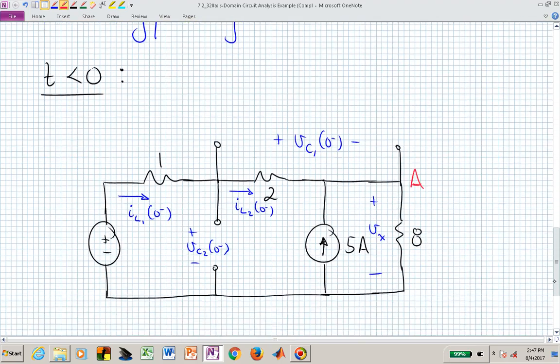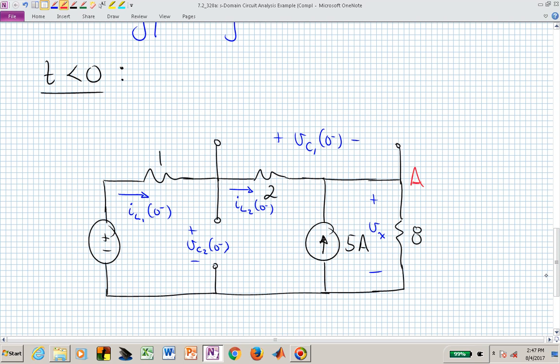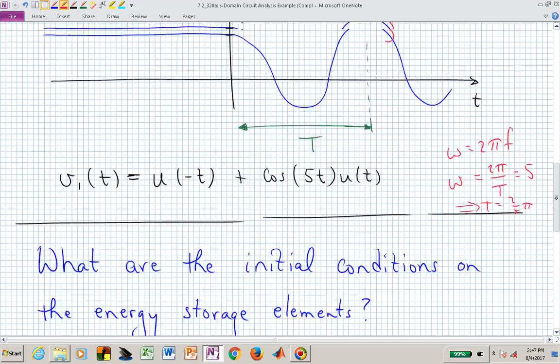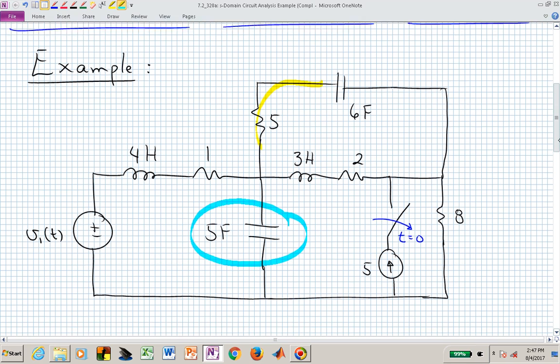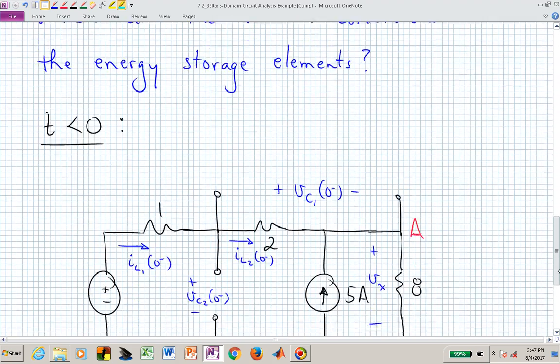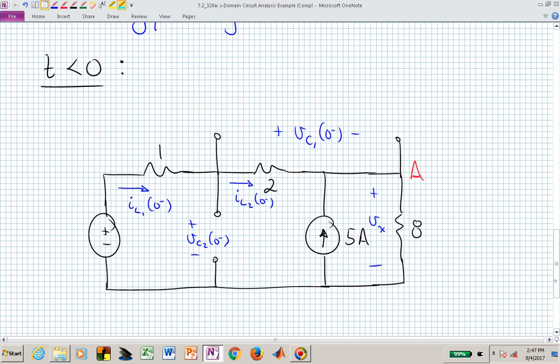If we re-sketch that circuit, then the top capacitor opens up and there's no current flowing in this particular branch. This particular capacitor also opens up, and we're now left with a circuit that looks as given.